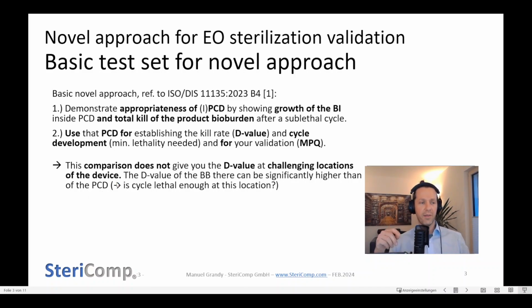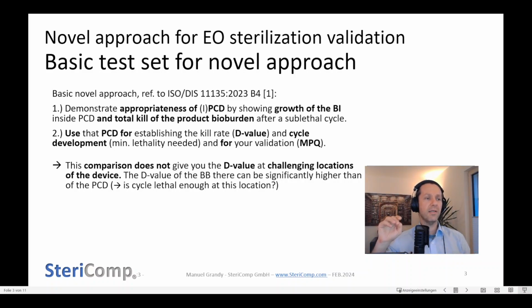So for example, following this example of the highly challenging device, which has an inner volume and a long and very narrow lumen, the D value there, and there can be very significant amounts and very varying bioburden also in case that you have some manual assembly, for example.